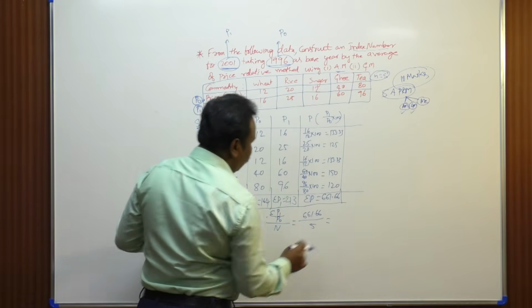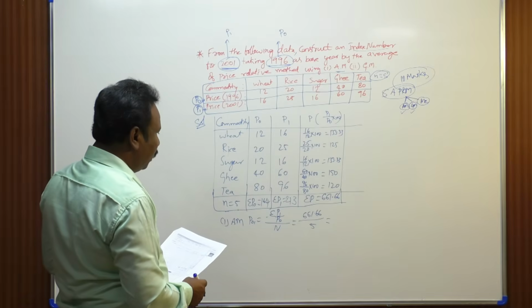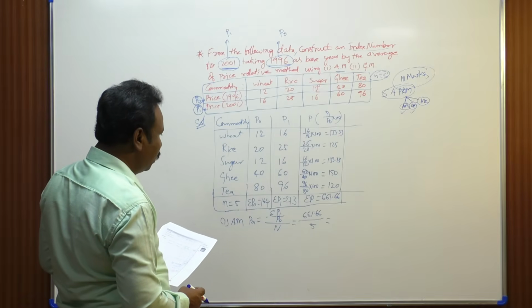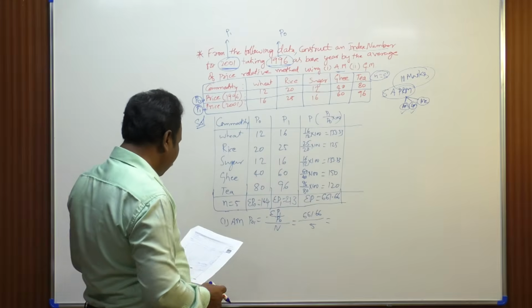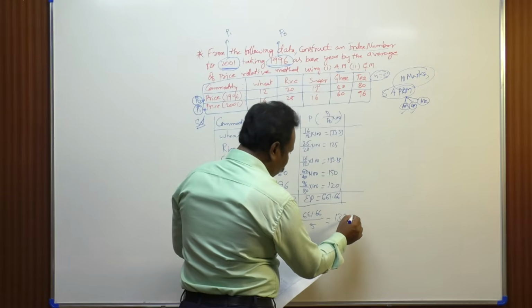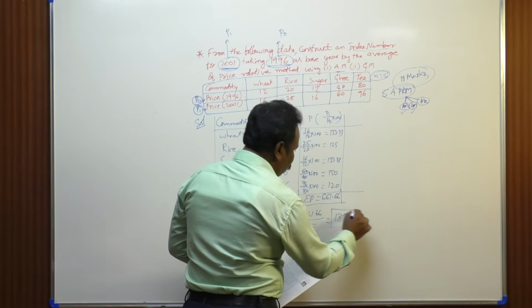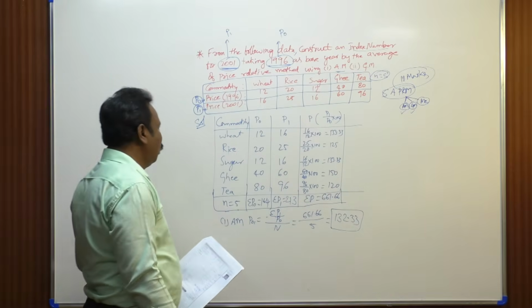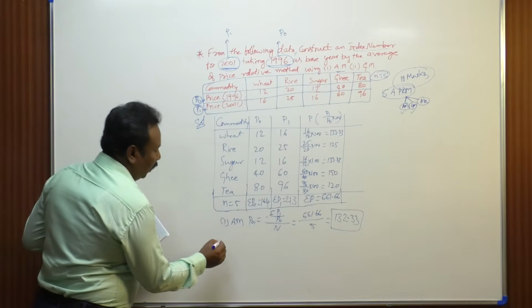So, 661.66 divided by 5, that is 132.33 as the index value according to your arithmetic mean.